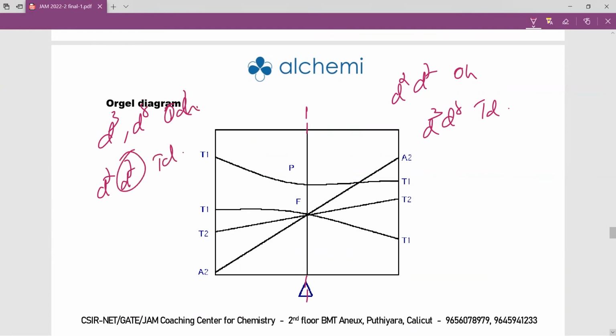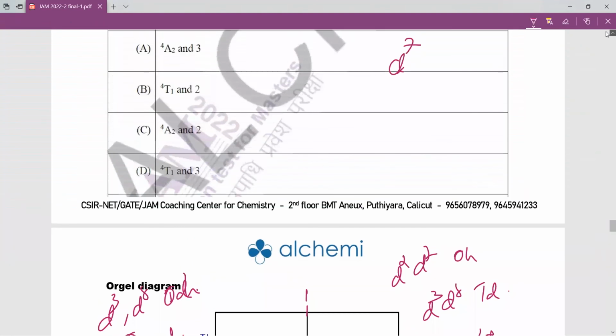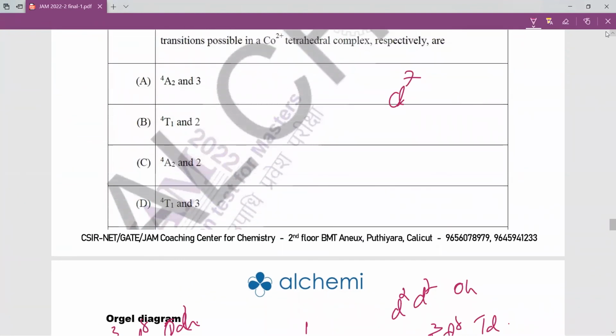The question is about d7 tetrahedral, so we should look at the left side of the orbital diagram. These are the allowed transitions: A2 to T2, A2 to T1, A2 to T1(P). So these are the three allowed transitions. So the answer will be A2 and 3, option A.